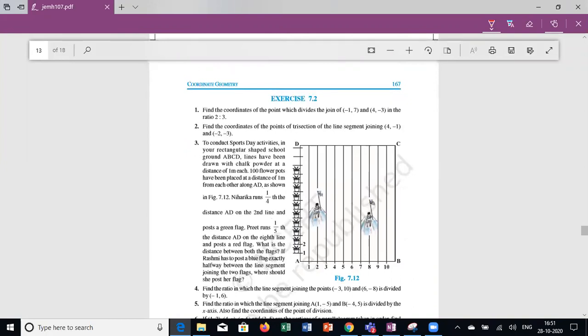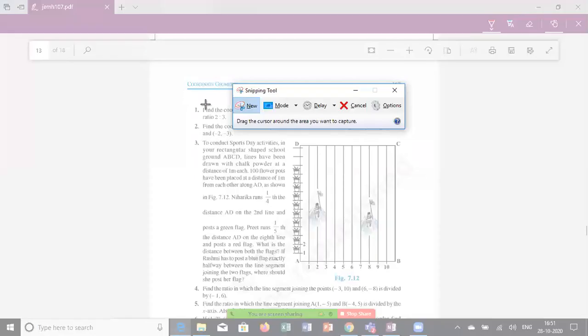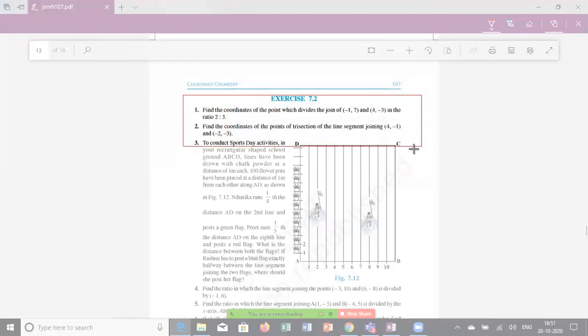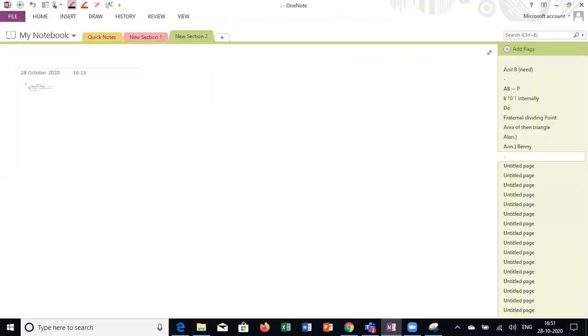The first question, they gave the ratio. They are asking you to find which point will divide this line in this ratio. Find the coordinates of the point.